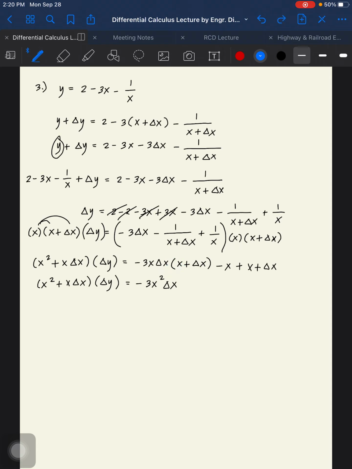So again, do not multiply x to the delta x and arrive at delta x squared, because that is incorrect.